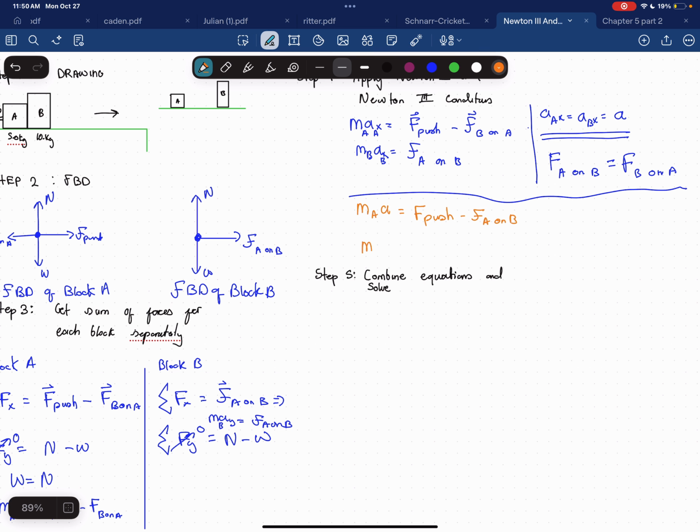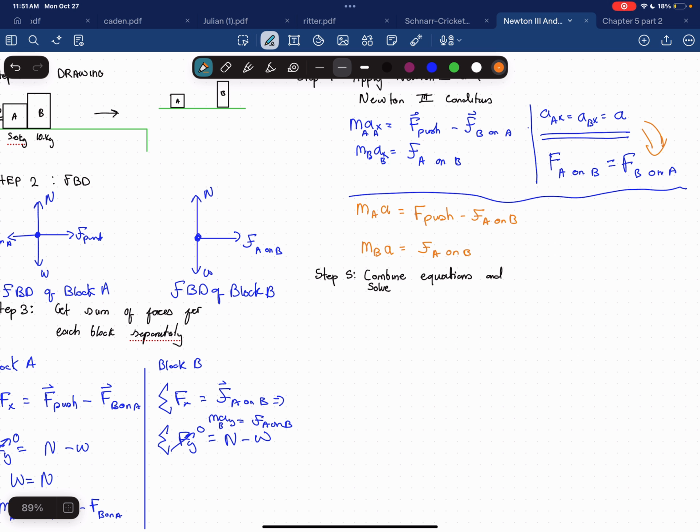And then here I have m_B a is F of A on B. Mathematically, this is correct because I've just done what Isaac Newton said I could do. I've substituted F of B on A and called it F of A on B, because Newton 3 tells me that F of A on B is equal to F of B on A.